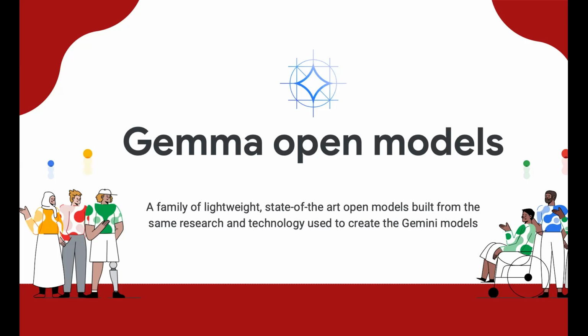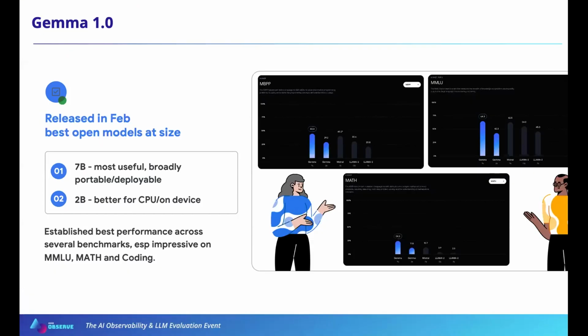Along with that, we also started releasing an open series of models called Gemma. The primary goal is to advance research and work with the community. The first series was Gemma 1.0, which was released in February. It came in 2 different sizes, a 2 billion model, primarily for CPU-based inference and on-device, and a 7 billion parameter model, which is the most common one.